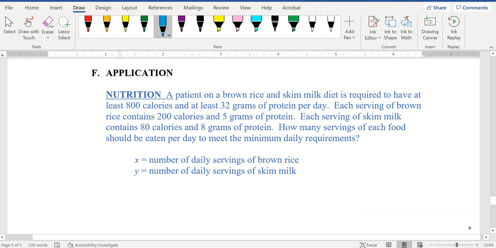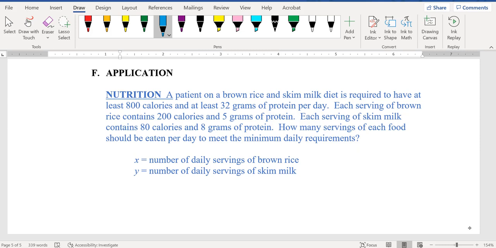All right, let's go look at an application and see how systems of linear inequalities in two variables can be useful. A patient on a brown rice and skim milk diet is required to have at least 800 calories and at least 32 grams of protein per day.